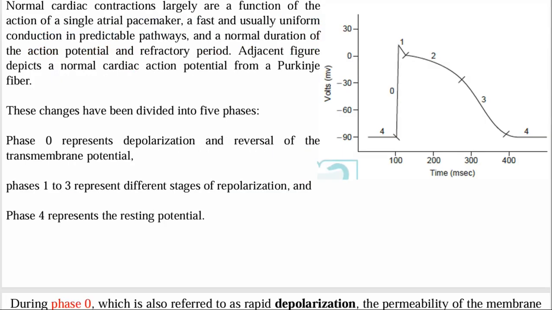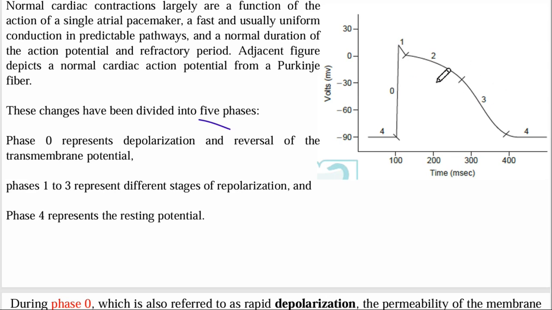So now this is the normal conduction, contraction, and action potential duration I have shown you, where this entire thing is one heartbeat. Here we need to understand that the action potential duration is divided into 5 phases. Phase 0 represents the depolarization, or reversal of transmembrane potential.